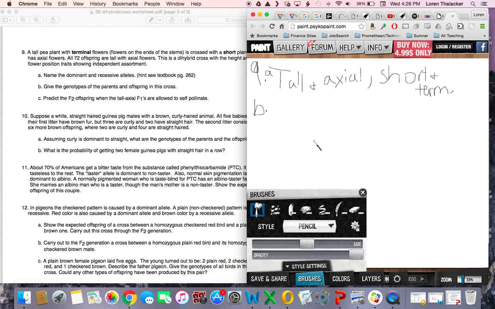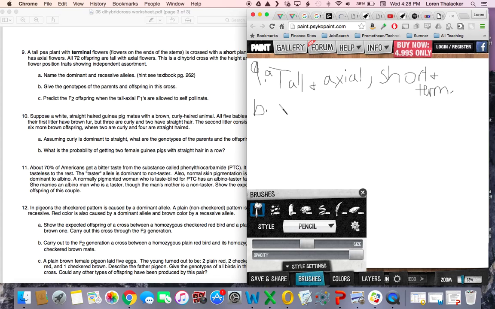What this means is that we did a homozygous dominant crossed with a homozygous recessive. So if you look at number 1 in your packet or number 5, I believe, those two are examples of completely homozygous dominant, homozygous recessive crosses.